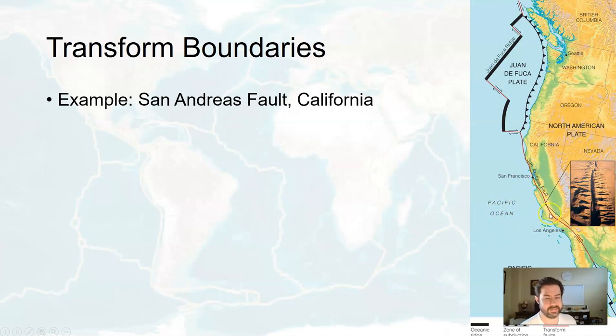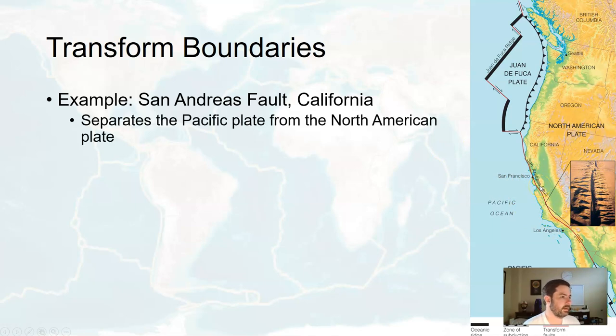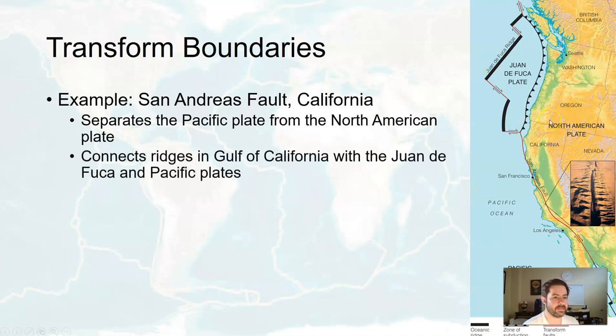There's a bunch of faults. The San Andreas Fault is just one of them. Usually these transform boundaries are a series of smaller faults, kind of all squished together. So you get a lot of deformation and also a lot of earthquakes along the San Andreas Fault. Again, this separates the Pacific plate from the North American plate.